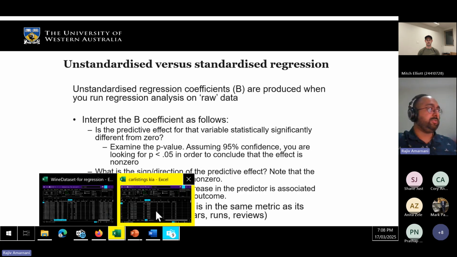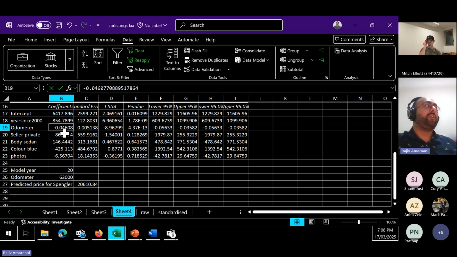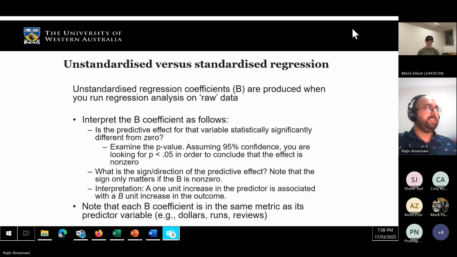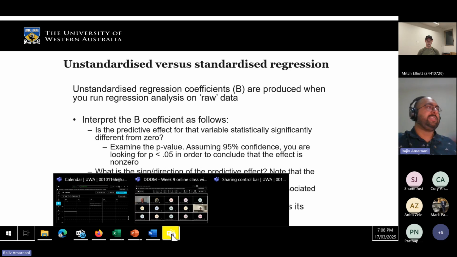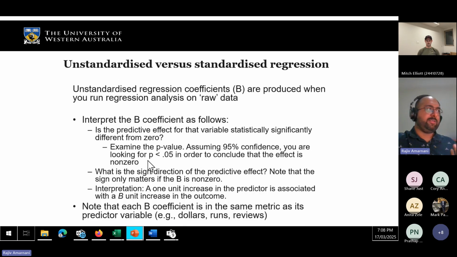So going back to car listings, a 1 unit increase in kilometers on the odometer predicts a 4.6 cent decrease on average in list price. Straightforward. Now, note that the B coefficient is in the metric of the predictor variable.